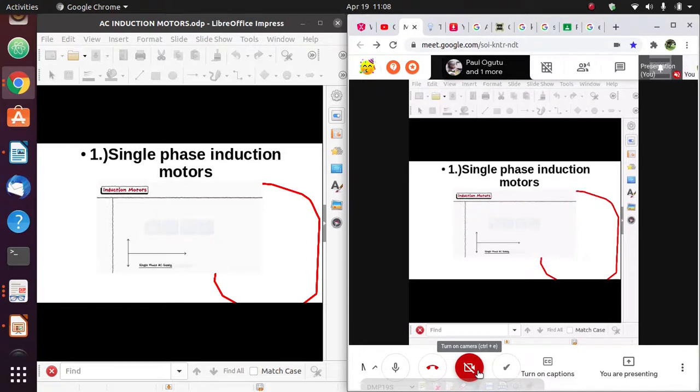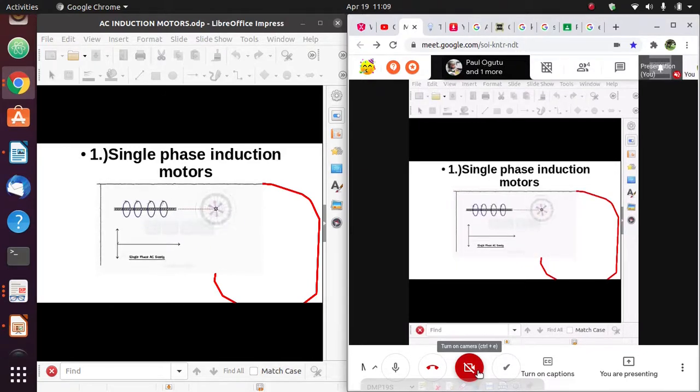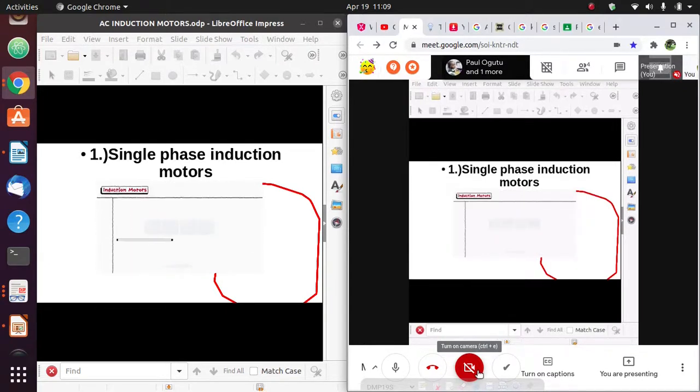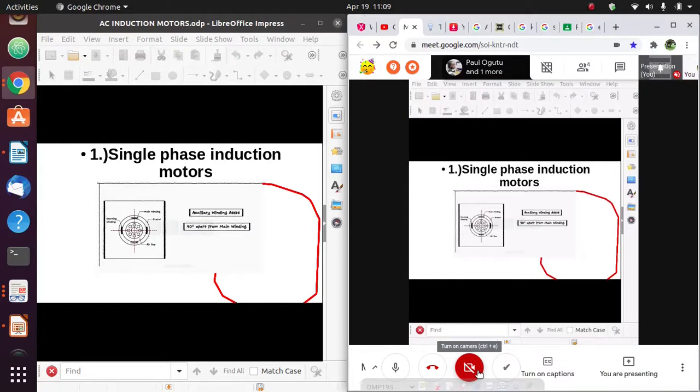When the single-phase AC supply is connected to the stator, a magnetic flux is generated which rotates along the axis only. It never rotates like a 3-phase motor. Hence, single-phase motors are not self-starting. To overcome this problem, auxiliary winding is added to it temporarily 90 degrees apart from the main winding, making it a 2-phase motor.